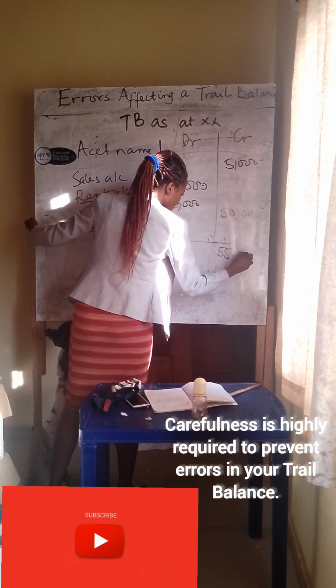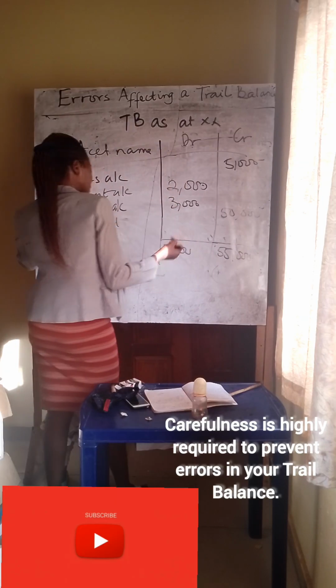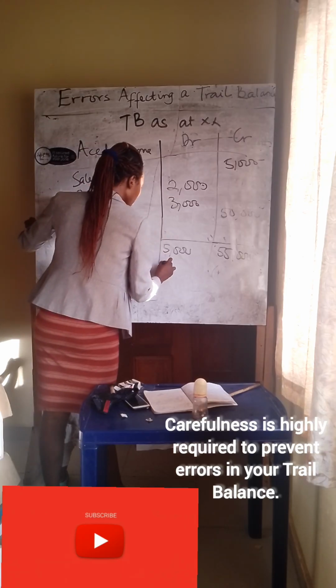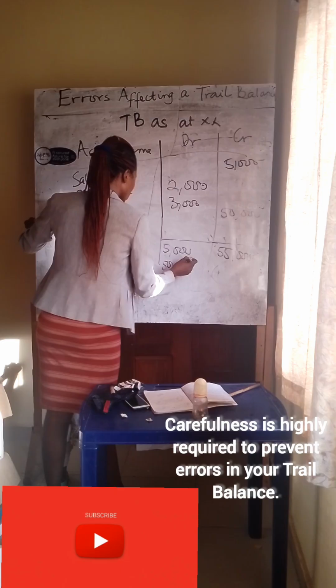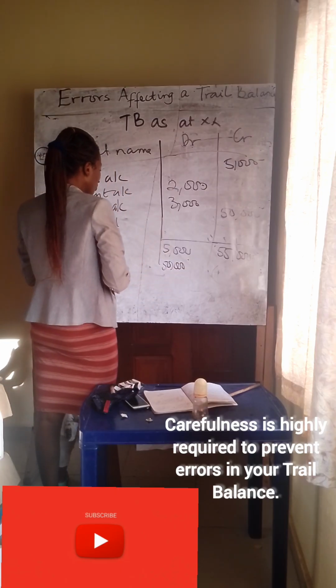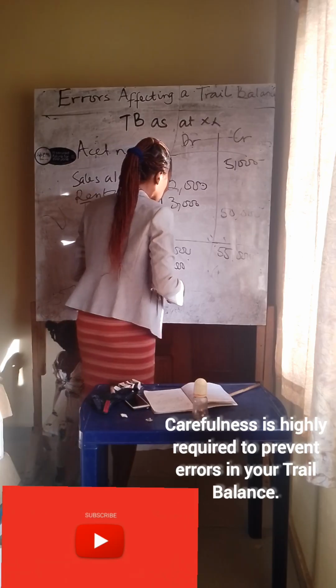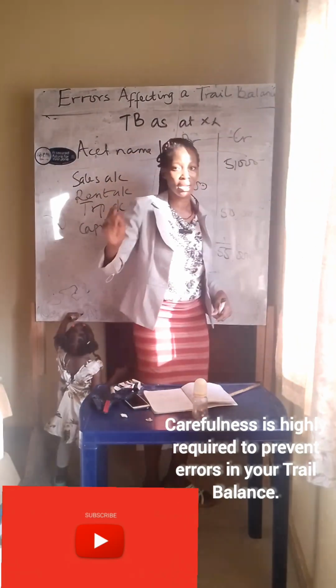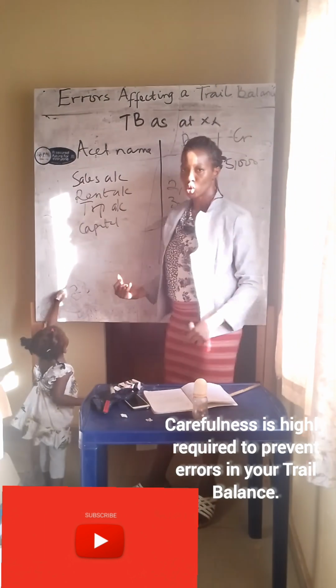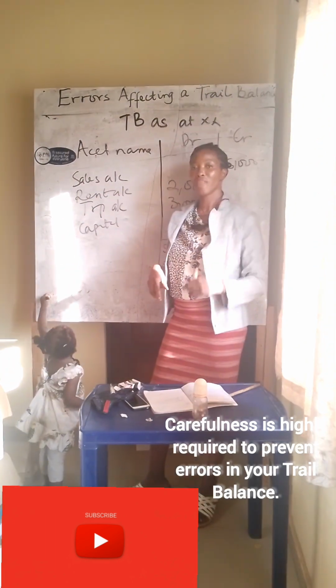I say, this account is not balancing. That is because you omitted one account, the salary account of 50,000 naira.